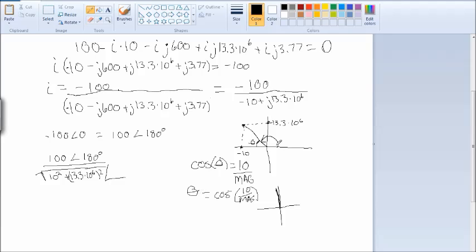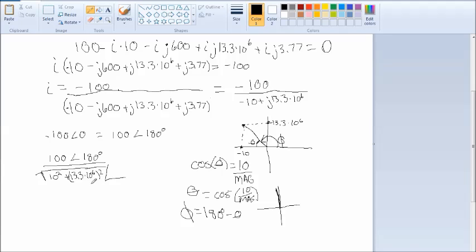But remember, we don't want theta, we want this other angle that I'm going to call phi. So phi is 180 degrees minus theta. So let's go back over to the calculator and find that magnitude real quick.